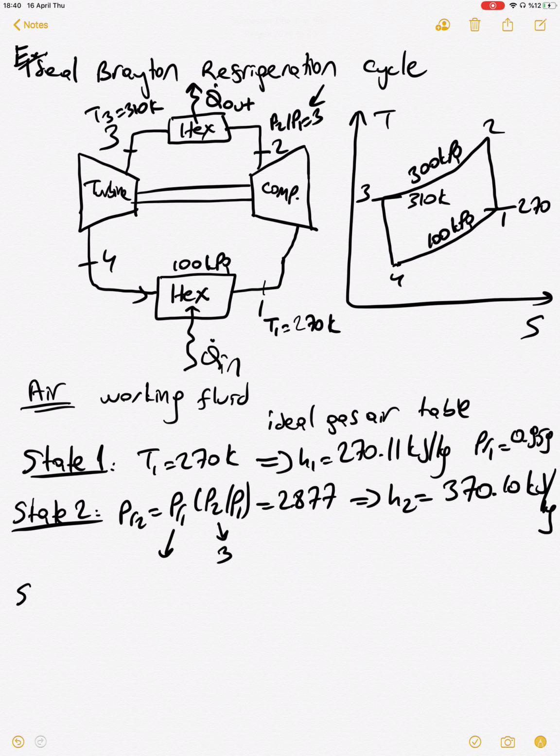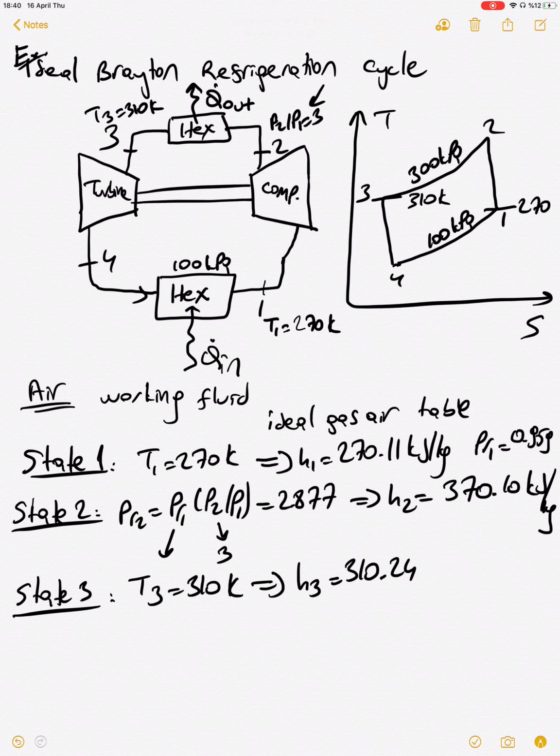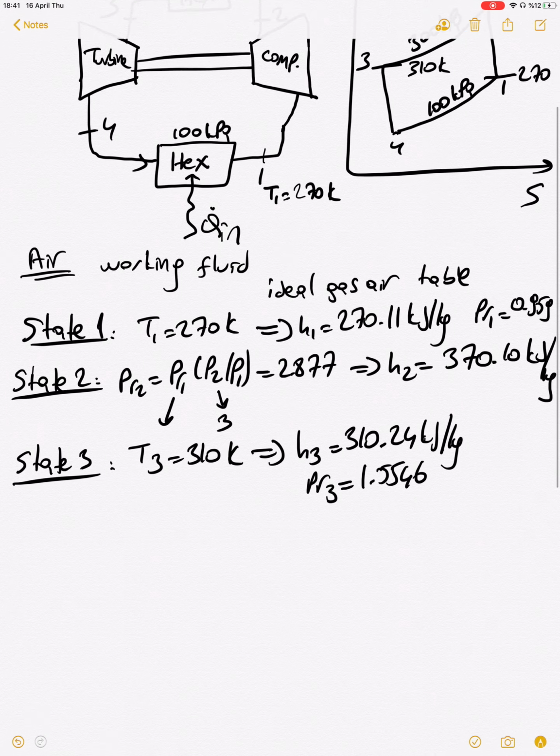So for state 3, what do we know? For state 3, we know the temperature. So temperature is 310 Kelvin. So h3 is in kilojoule per kilogram, and PR3 is 155.46.